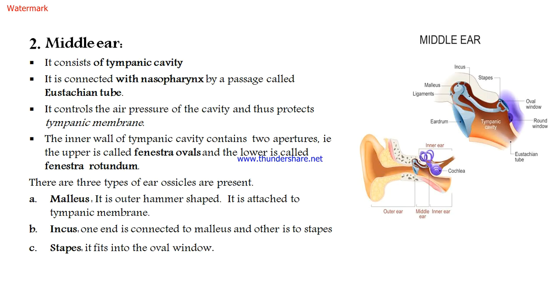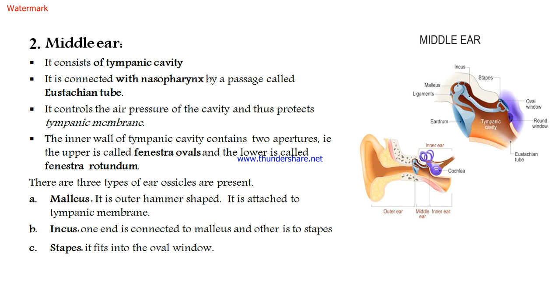It is connected with the nasopharynx by a passage called the eustachian tube. The eustachian tube controls the air pressure of the cavity and thus protects the tympanic membrane.